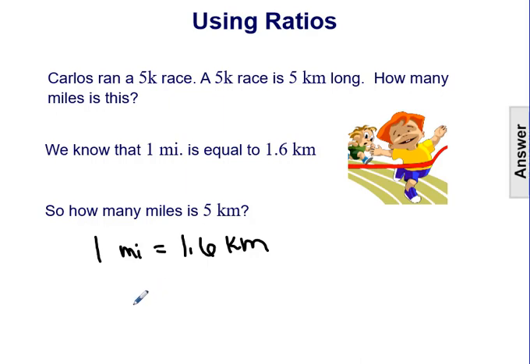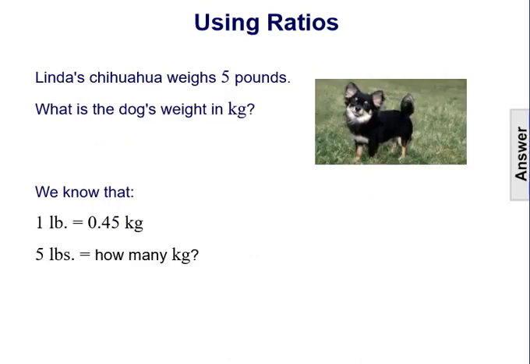Well, we can divide 5 kilometers by 1.6, which is approximately 3.1 miles. So people who say they're going to run a 5K are running 3.1 miles. Carlos is included.